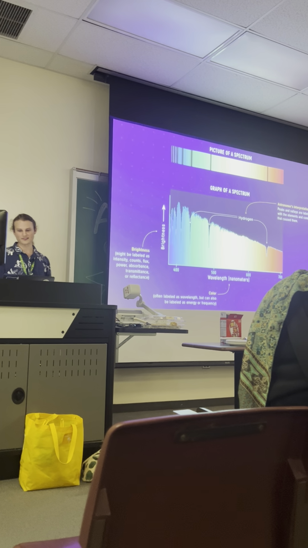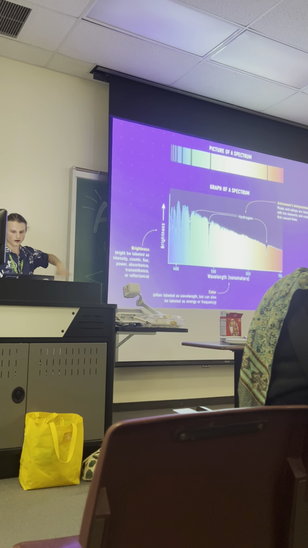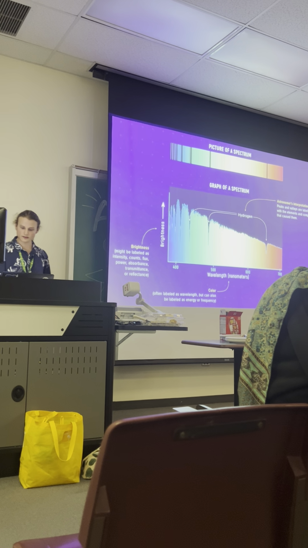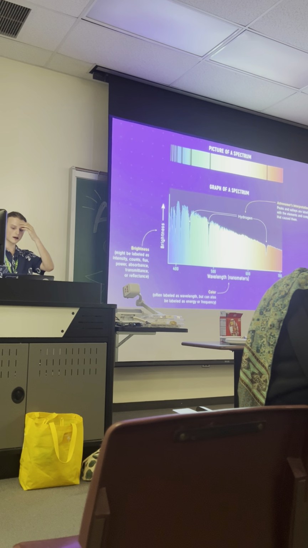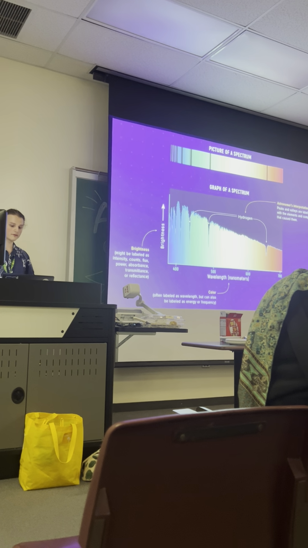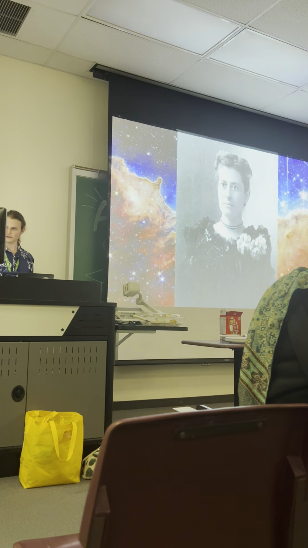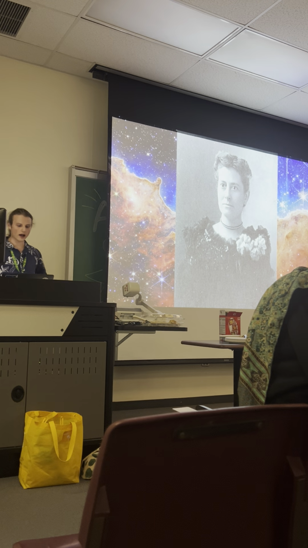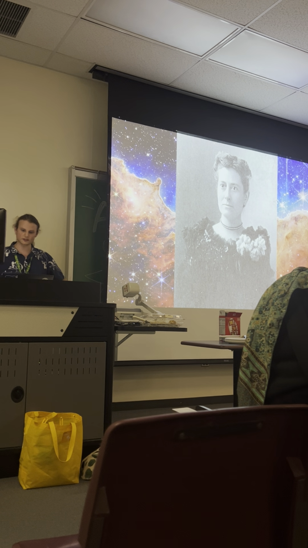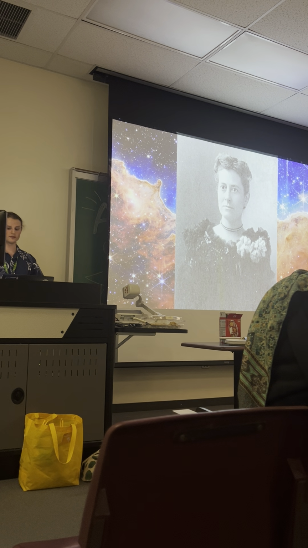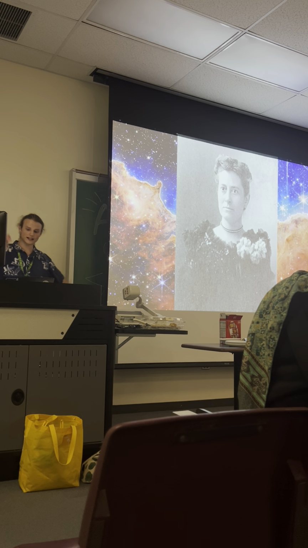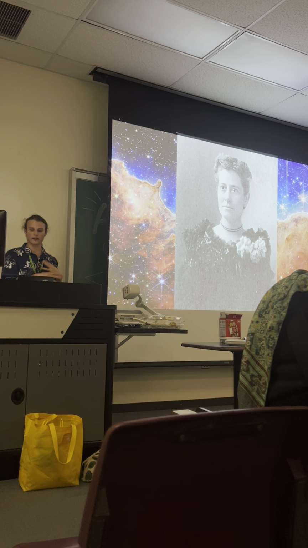The original documentation system of the spectrum was the result of the diligent work of the Harvard Observatory computers, which were a group of female astronomers. Williamina Fleming, who we have here, 1857 to 1911, was the first to classify the numerous stellar spectra gathered by the observatory.